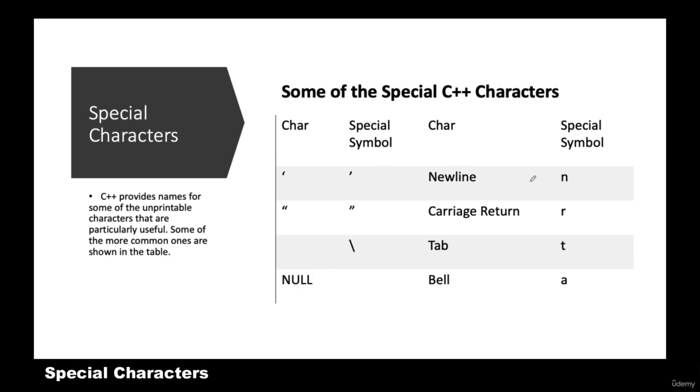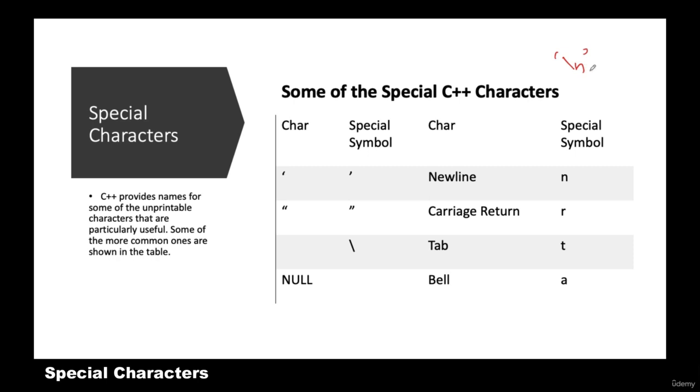Then we have new line, which is slash n, which means to go to a new line. Whenever the program sees the backslash along with the letter n, it will move to the new line.